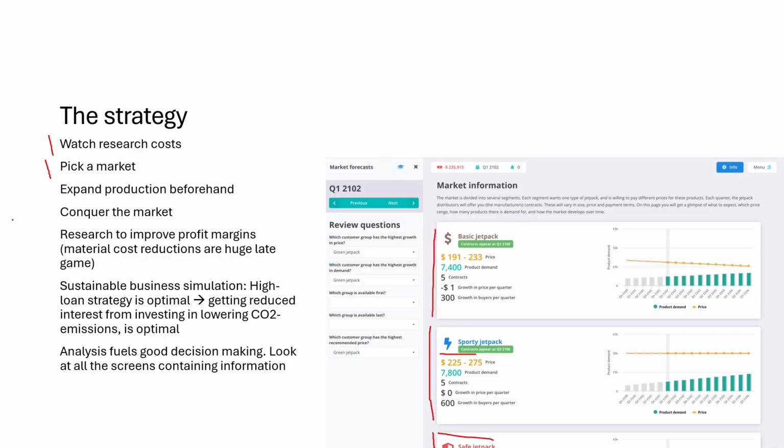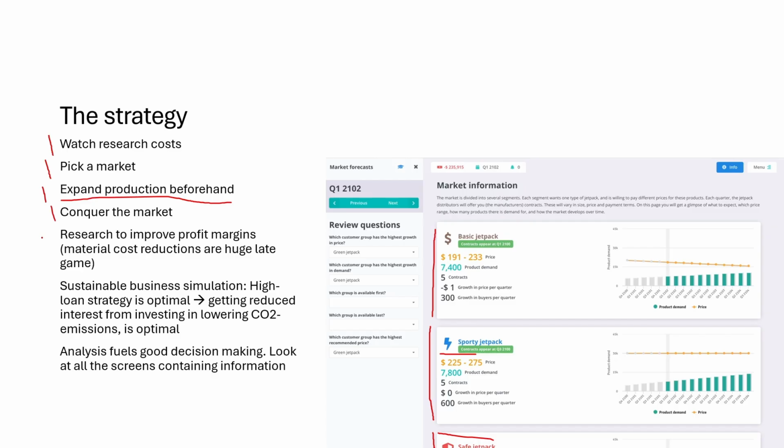You can then go into that market, and since you know when these become available, you can expand your production massively before the jetpack becomes available. And if you're one of the only few businesses in this market and you're the only one that has expanded your production enough, you can take several contracts within that market and fulfill those contracts with all the factories you have built and make massive profit in that market.